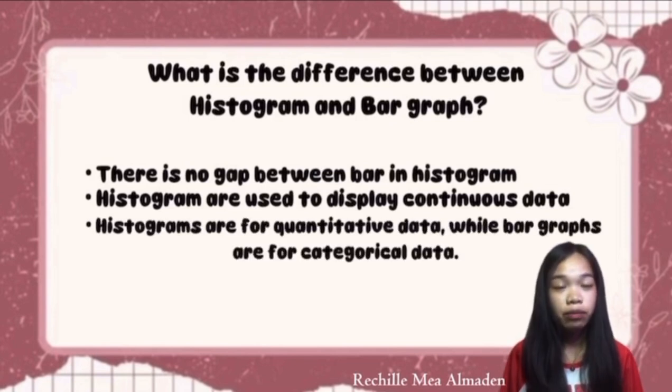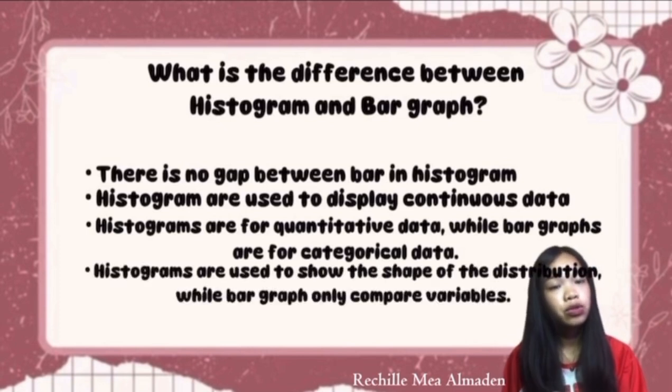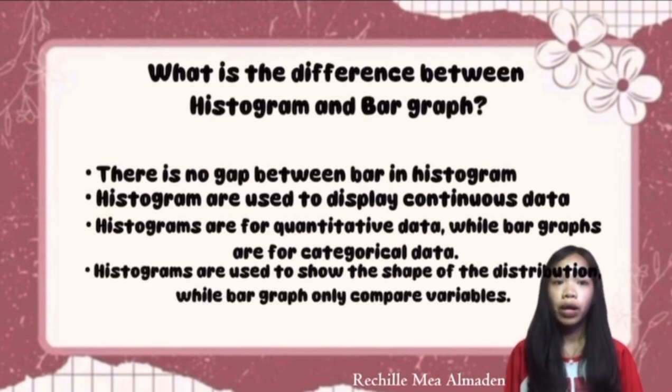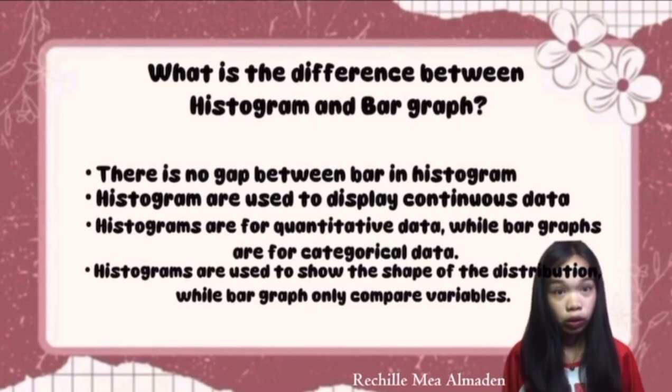Ang histogram is used for quantitative while ang bar graph is for categorical data. So, ang histogram kanang nagashow siya og shape of distribution while ang bar graph is comparing variables only.